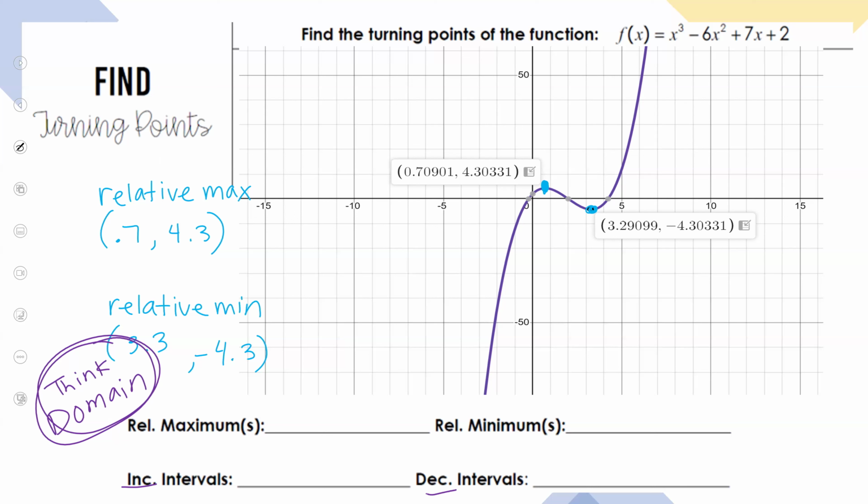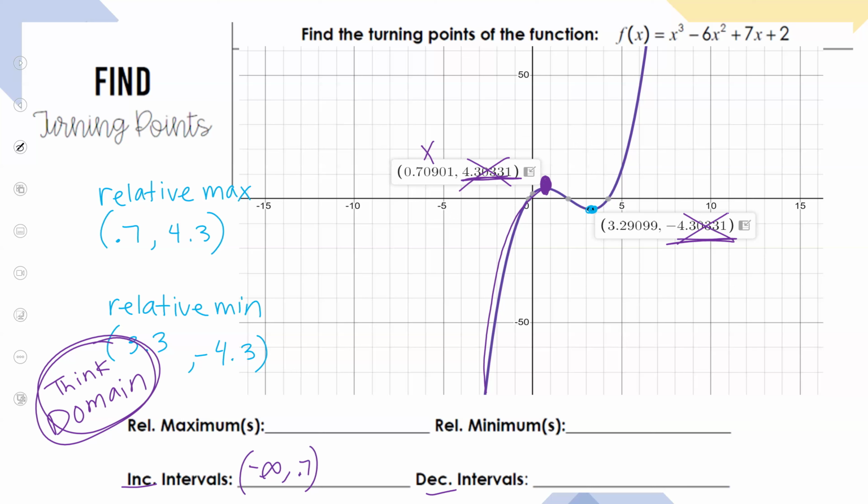So guys, increasing, it starts here on the left and it stops right here. That's where it's increasing. So for increasing interval, I'm going to put on the left, it's at negative infinity. On the right, it stops increasing right here at the x value, 0.7. That's your increasing interval. Think domain. 4.3 is not a part of the conversation. Negative 4.3 is not a part of the conversation.